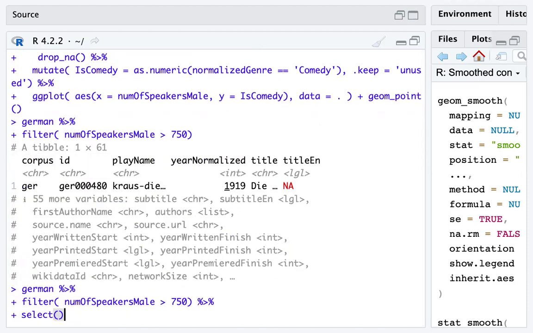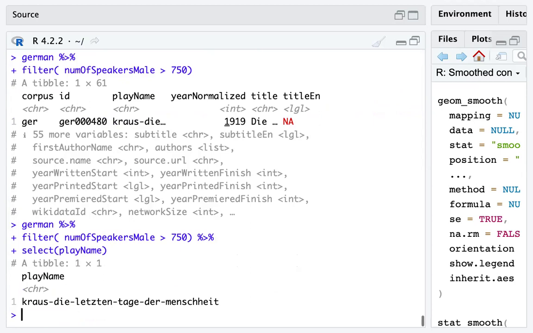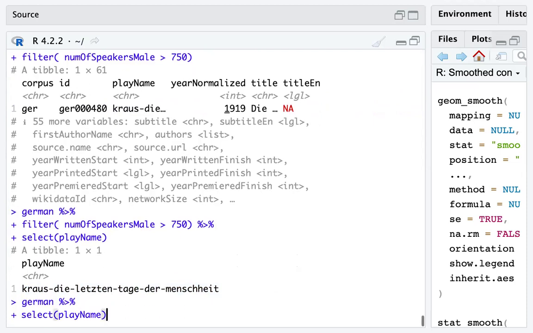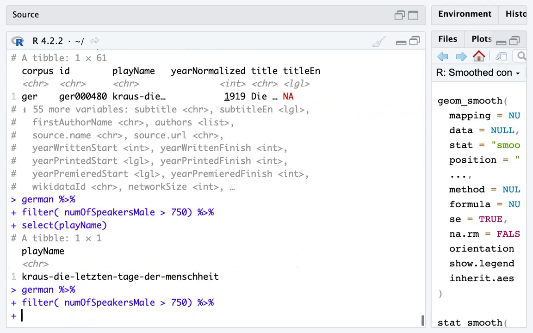Select play name. Which I don't know what this is. So I don't know if you know, but I don't know it. The name and author.